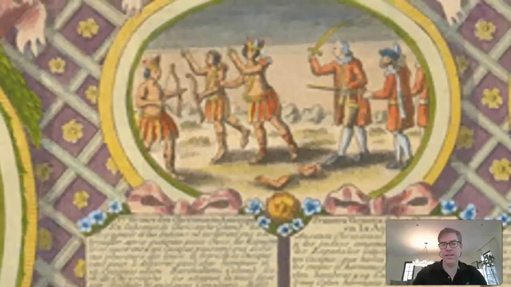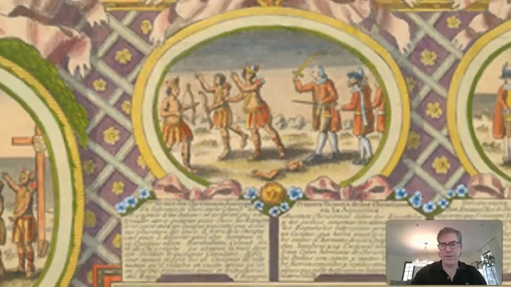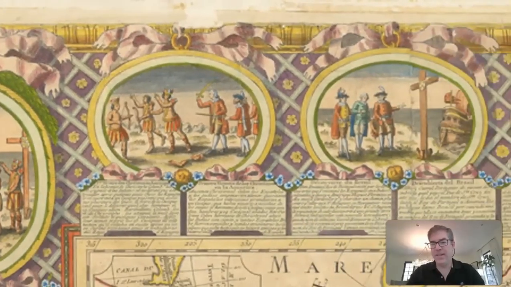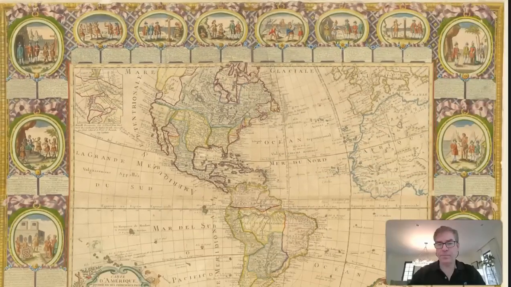And you can see several scenes of what looks like battles. You can see here a cross that what looks like these aristocrats or those who were discovering new lands saw. And they saw Native Americans with crosses here and at the border of this land that they came upon. So I find that very interesting.